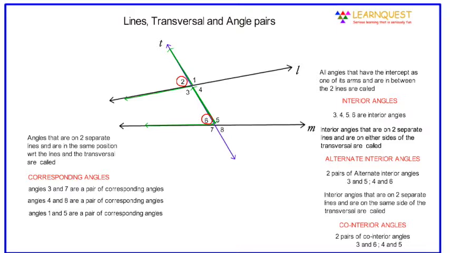They form a pair of corresponding angles. So we can say that angle 2 and angle 6 are a pair of corresponding angles. In fact, when two lines are cut by a transversal, we get 4 pairs of corresponding angles. In this case, it is angle 3 and 7, 4 and 8, 1 and 5, and 2 and 6.